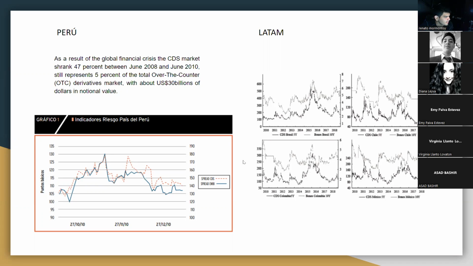Here we can see the evolution of the basis points, the spread of the CDS in Peru. We can compare with other countries of Latam, Brazil, Chile, Colombia, Mexico, where it's actually very similar. Because in recent times there has been high volatility in the exchange rate at the international level. This is explained by different trade tensions and economic measures adopted by China and the United States mainly.